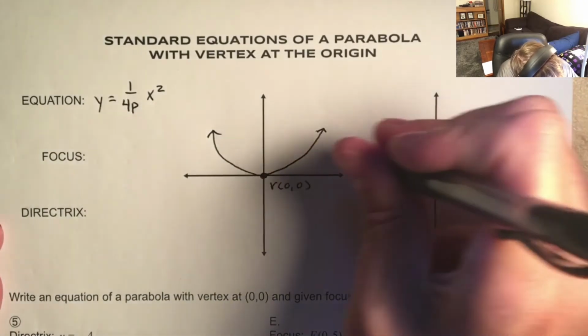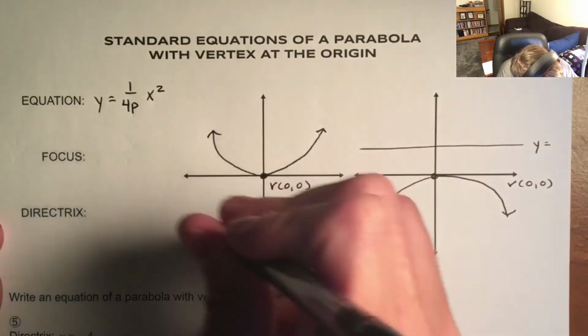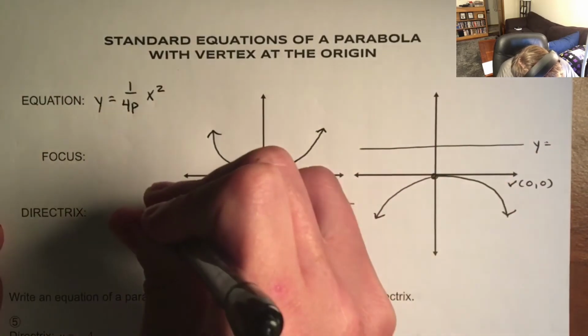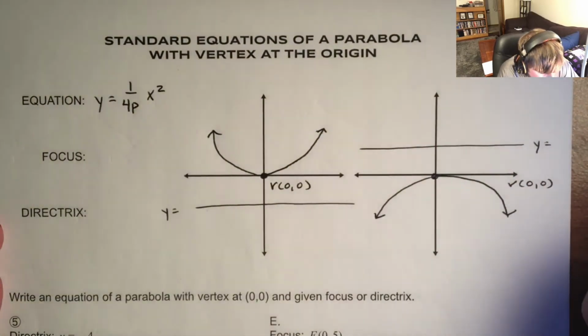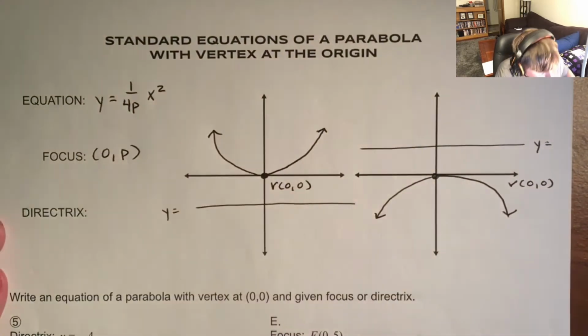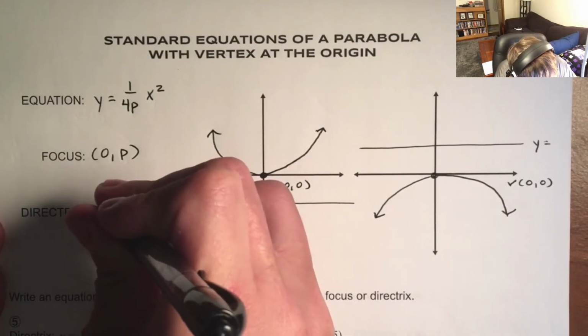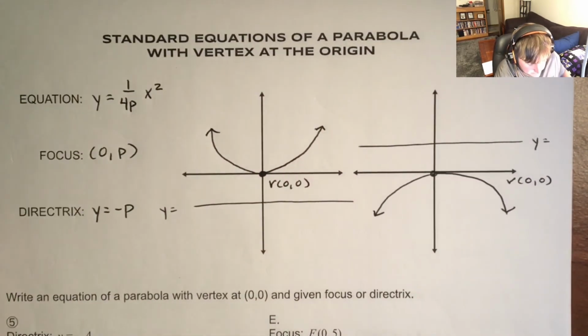And then here we're going to have some directrix line. The focus is going to be (0, p), and the directrix is going to be y equal to the opposite of p, -p.